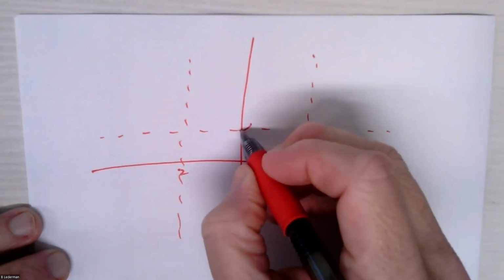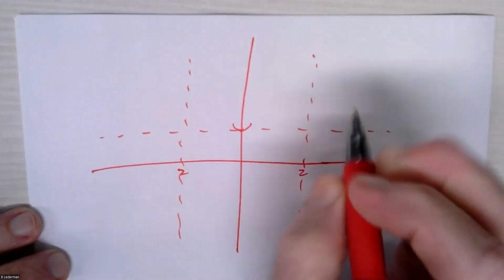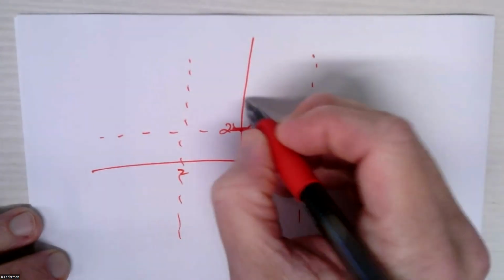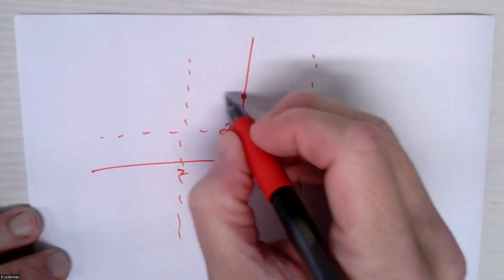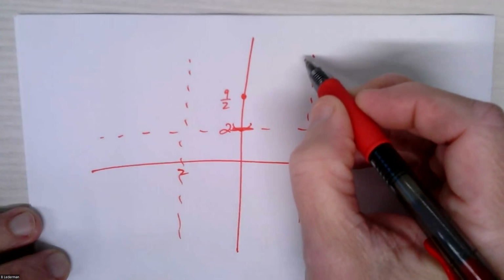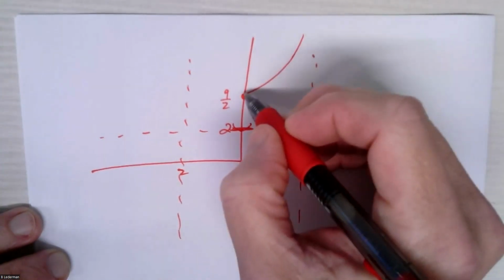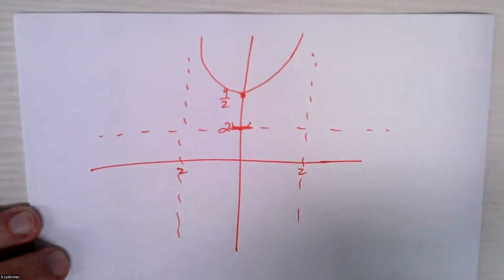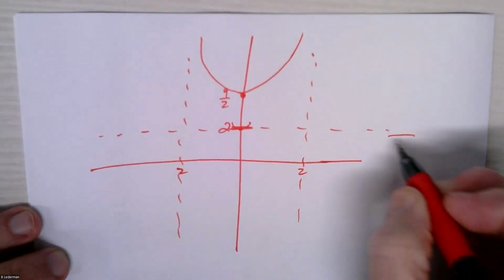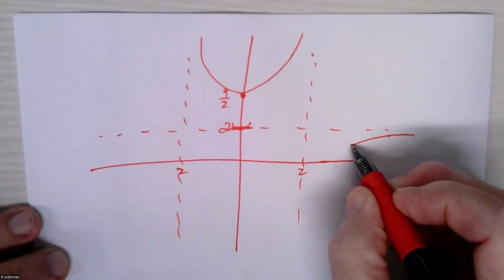We know we have a min at 0, 9 halves. And we have a vertical asymptote. This looks like it's just going to go up to that min. Here we have an asymptote and now another asymptote.